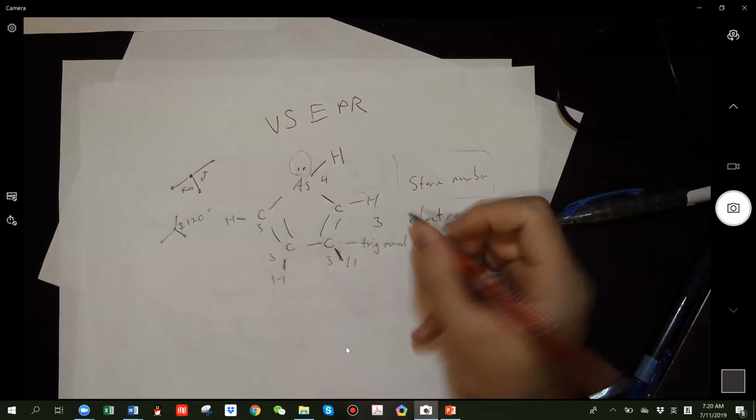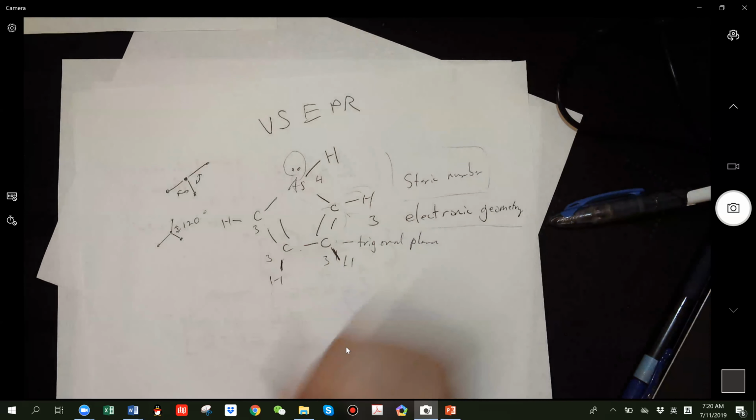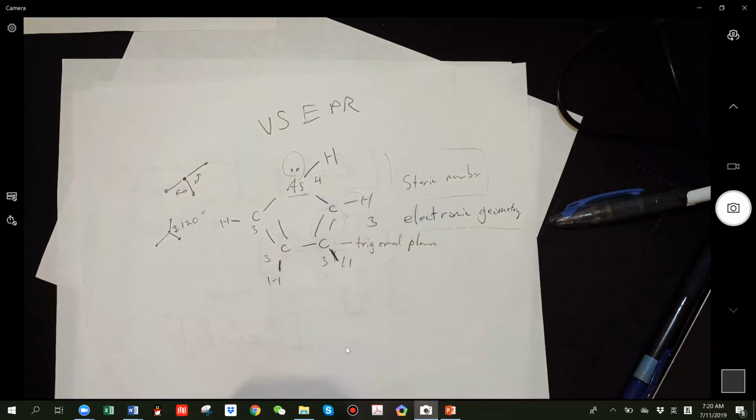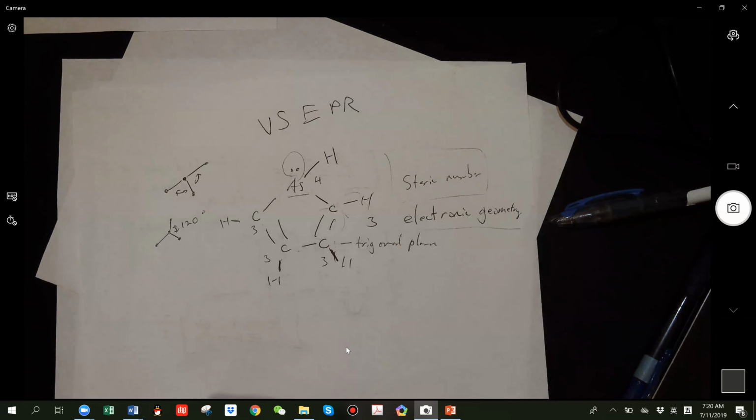So all of the other carbon atoms are like this. Does that make sense? So all of the carbon atoms are trigonal planar. Okay, so now let's move on to the arsenic. What's the electronic geometry of arsenic?